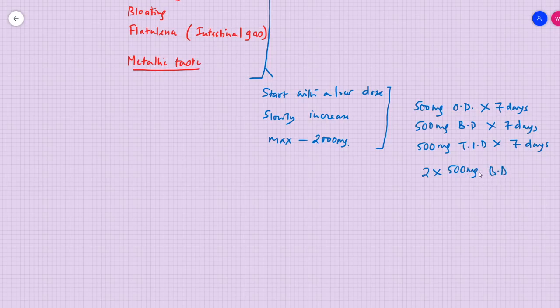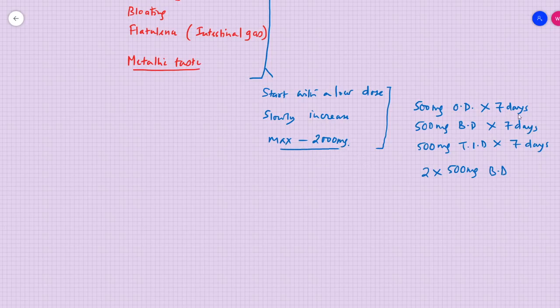Okay, so that is 2 into 500 grams, meaning 1000 milligrams twice daily. That reaches us to the maximum dose.